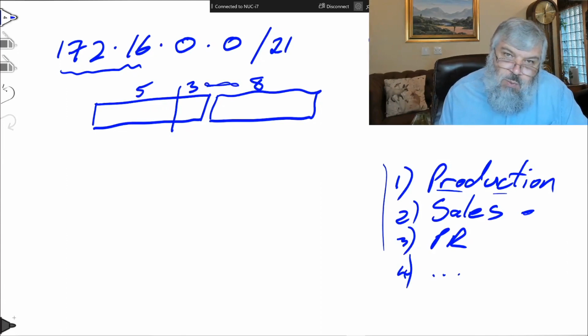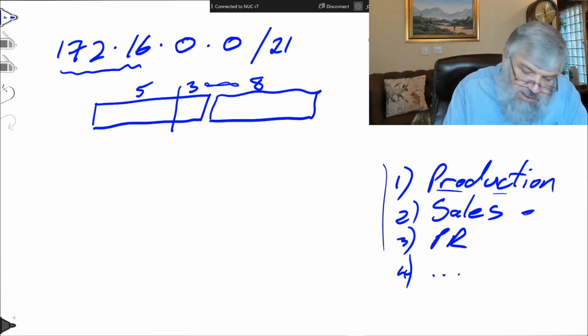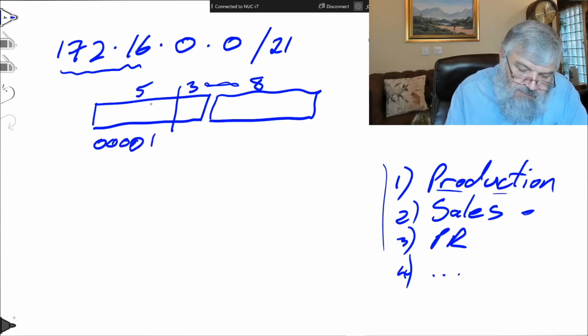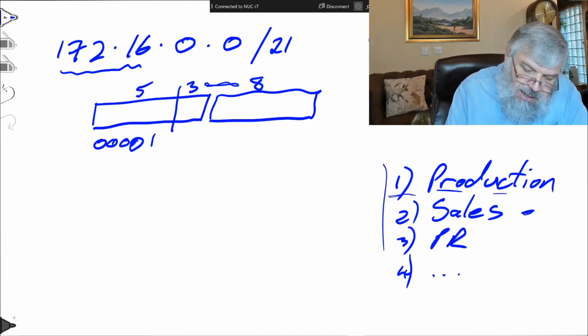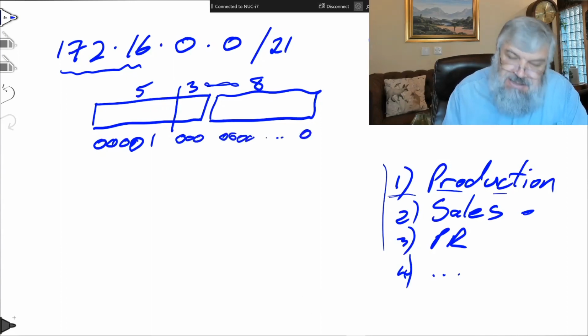Let me now work out what the IP address of Department 1 Production's subnet is. Their address in binary will be 00001. In other words, I'm using 5 bits to write down the 1 that production is. And then if I'm interested in the network address, then I know that all the remaining bits where the host will be filled in will be zeros.